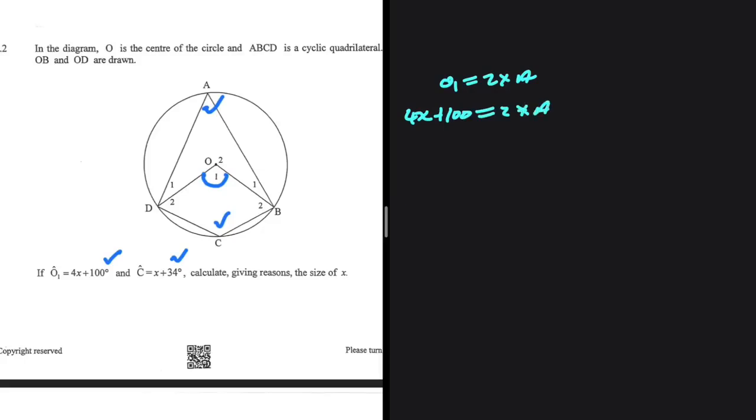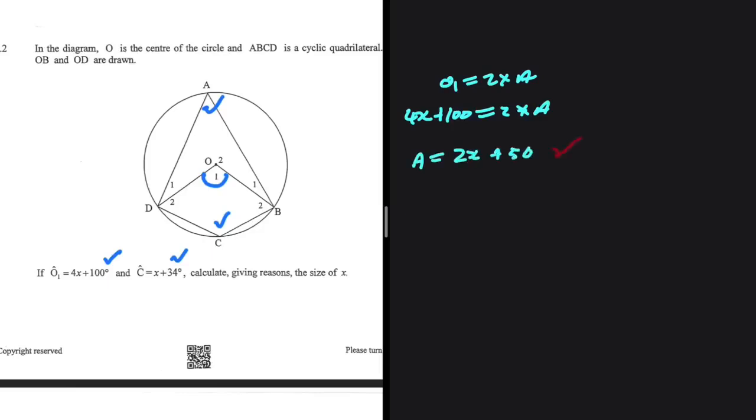I can find A in terms of x. I know fully well that O1 should be equal to 2 multiplied by A, since the angle at the center is twice the angle at the circumference. So O1 is 4x plus 100, and it is equal to 2 multiplied by A. If we divide both sides by 2, we get A equal to 2x plus 50.